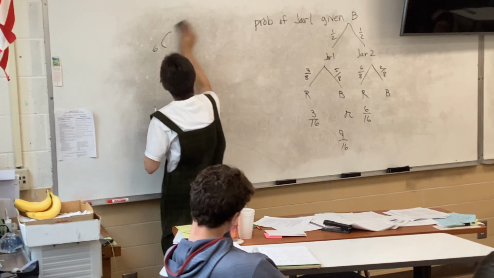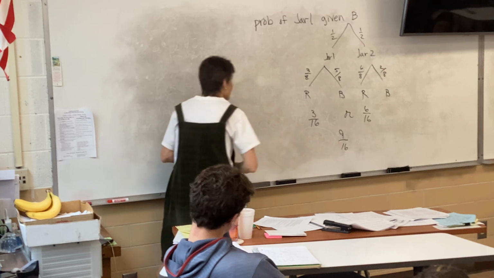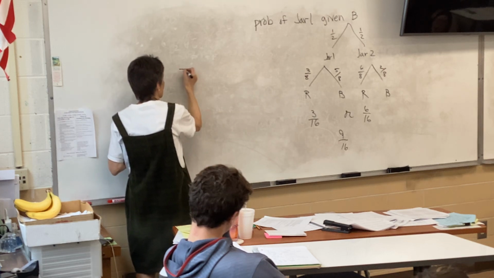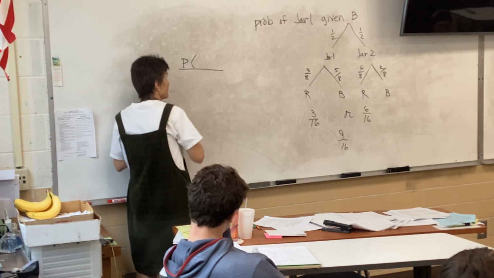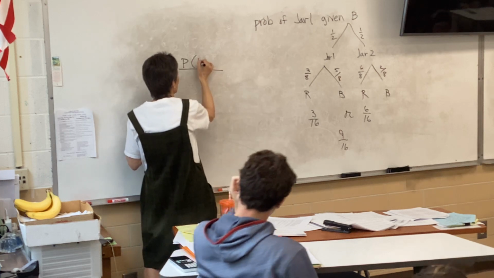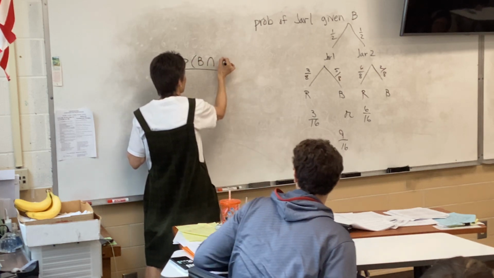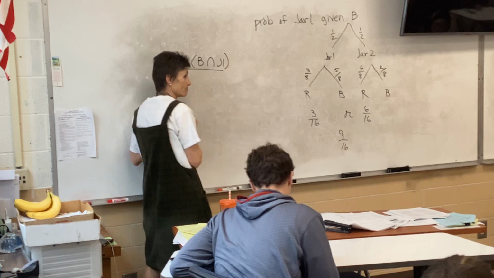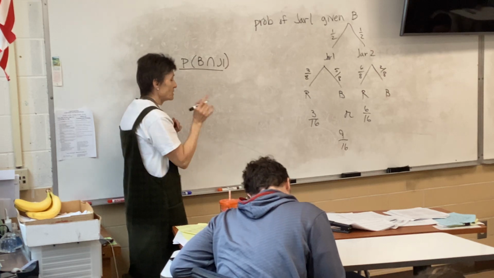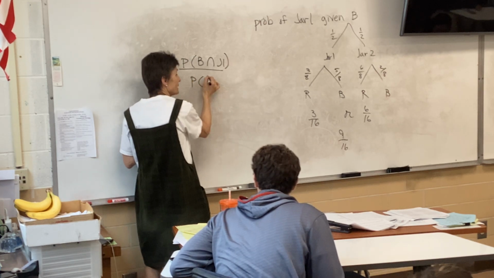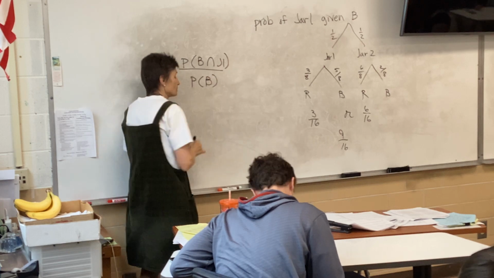Well, we have a formula for that, if you need it. The formula says, on top, it's going to be the probability of blue and jar 1. And what's going to be in the bottom? The probability of blue.